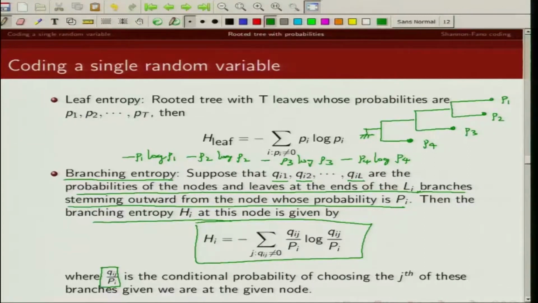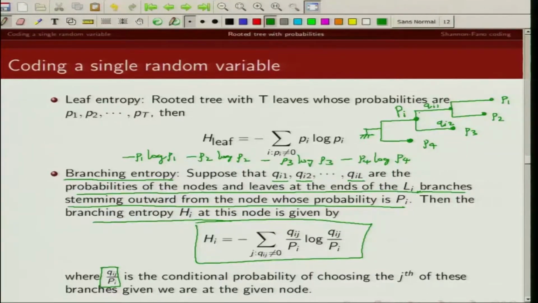Now if we want to compute the branching entropy, let's take this node, and let us say the probability of this node is capital Pi. Now there are 2 branches leaving from this node. Let's say the probabilities of these branches are Qi1 and Qi2.